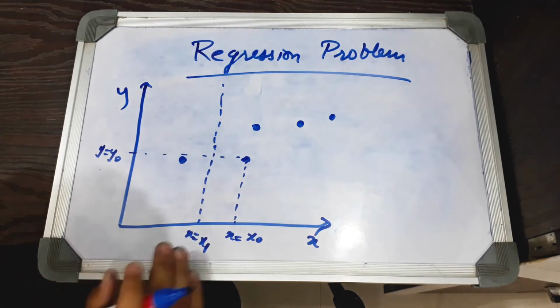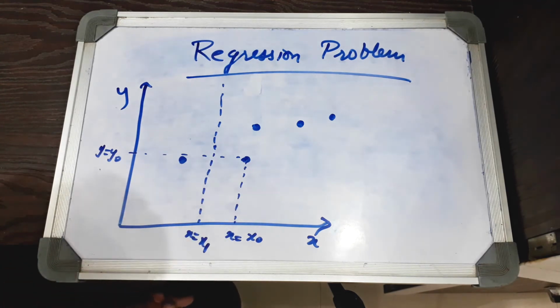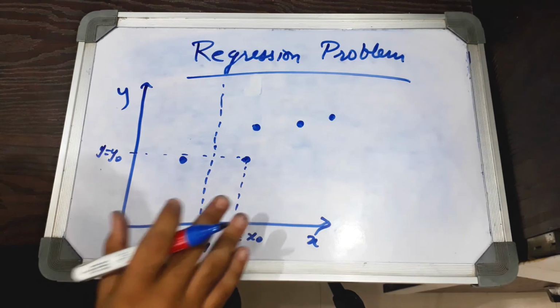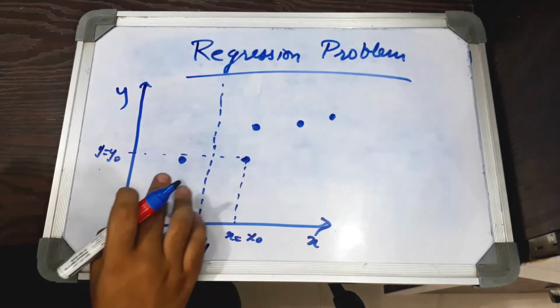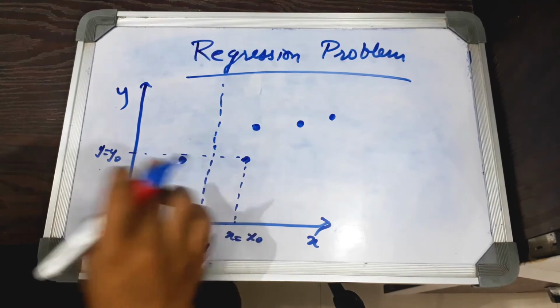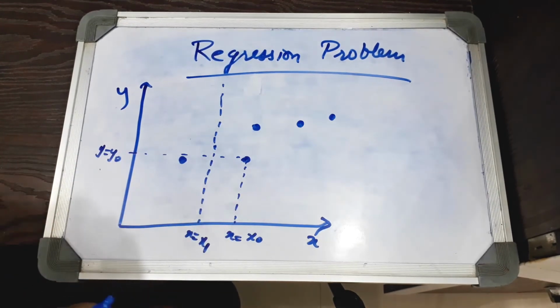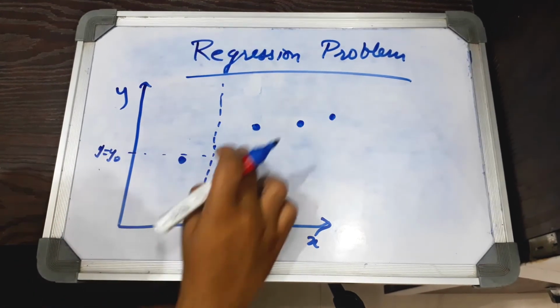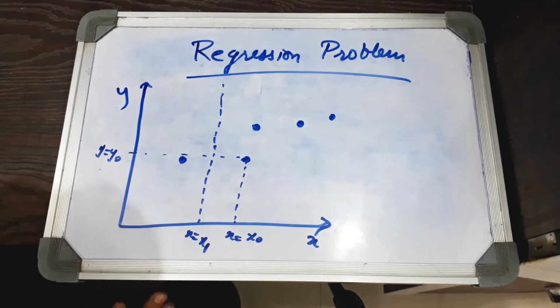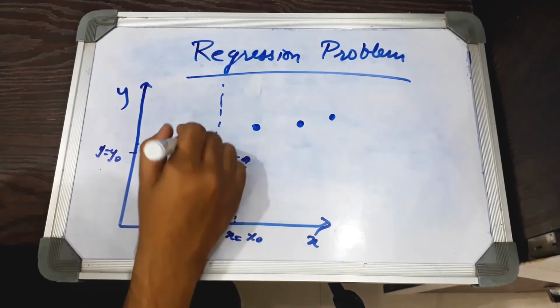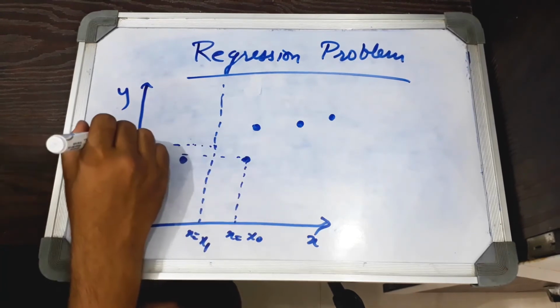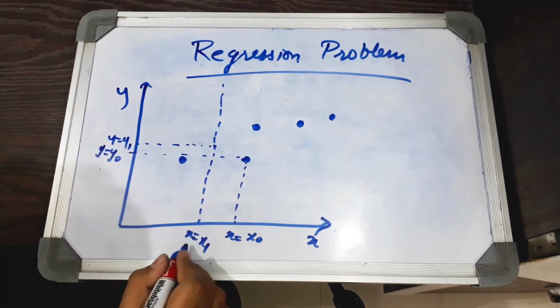Here is where machine learning comes into the picture, right. We want the computer to somehow understand these given points, take out some inference from them and understand the data, so that whenever I ask what the y coordinate should be for x equals x1, it can come up with a predicted value of y equals y1 for x equals x1.